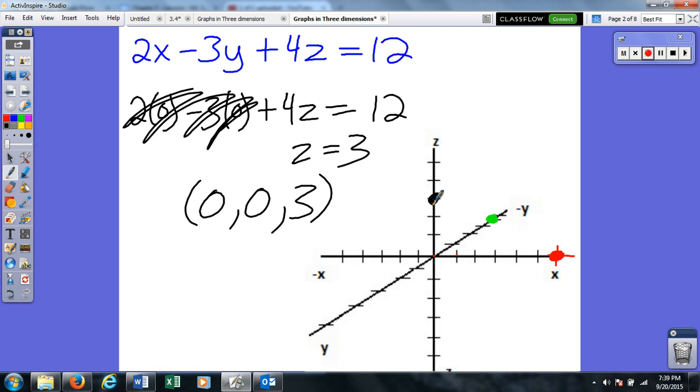All right, now again, we kind of have to pretend here because it's pretty difficult to imagine what's happening without seeing it in actual 3 dimensions. But think of a plane. This graph, when we have 3 variables, is going to be a 2-dimensional plane, a flat sheet.